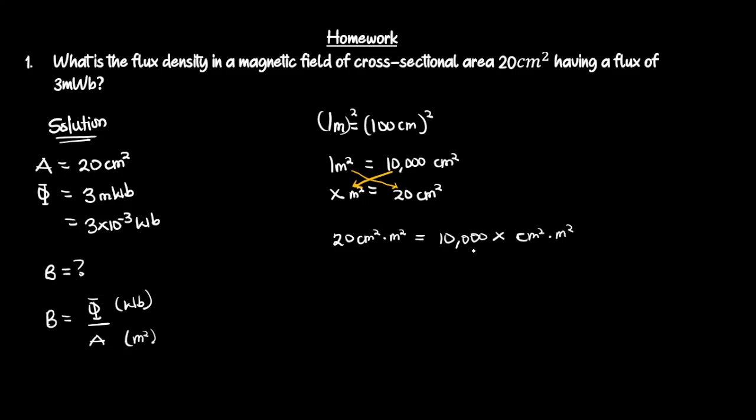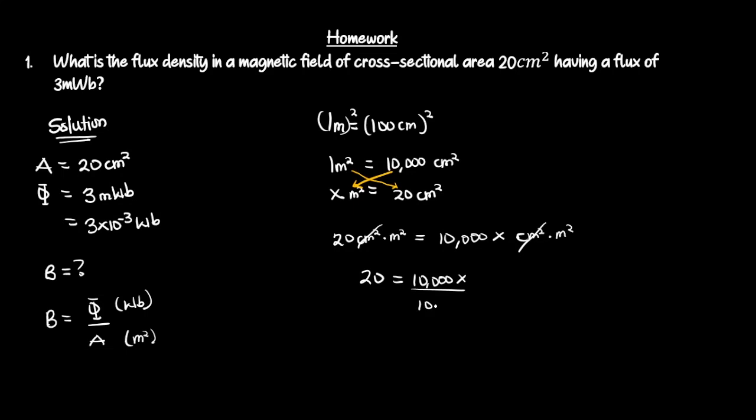Now mind you, we want to find the value of x in this case. So I will cancel the centimeter square from both sides because I want just the meter. So this is basically just 20 is equal to 10,000 x.